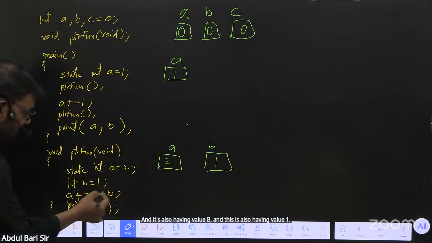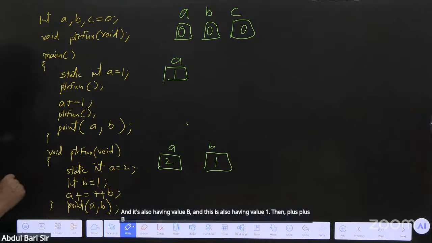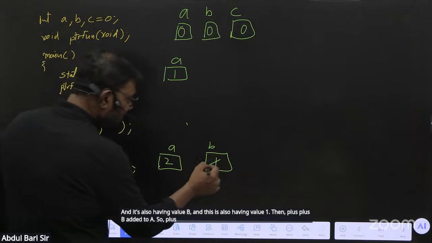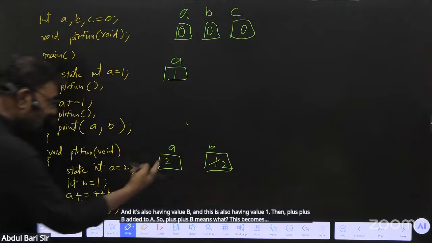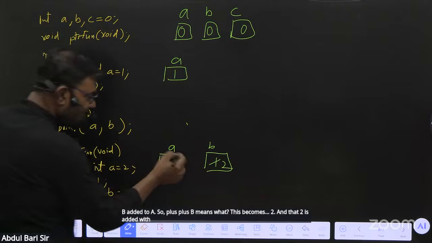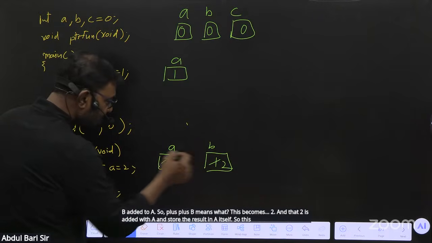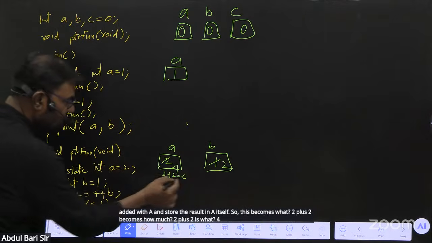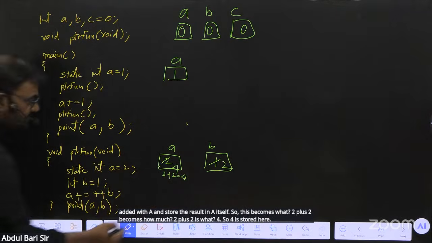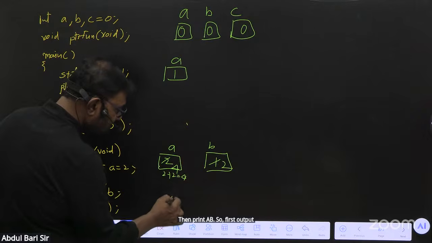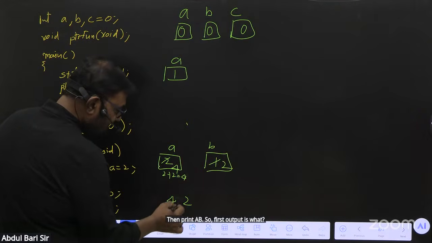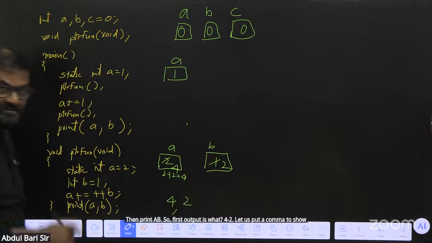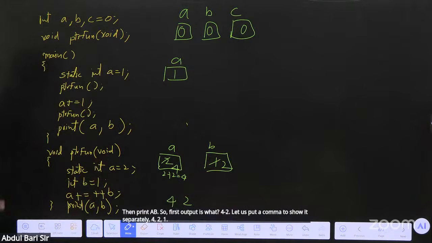Then ++B is added to A. So ++B means what? B becomes 2, and that 2 is added with A and the result is stored in A itself. So 2 plus 2 is 4, and 4 is stored here. Then print A, B. So the first output is 4, 2. Let us put a comma to show it separately. 4, 2, 1. Till here completed.